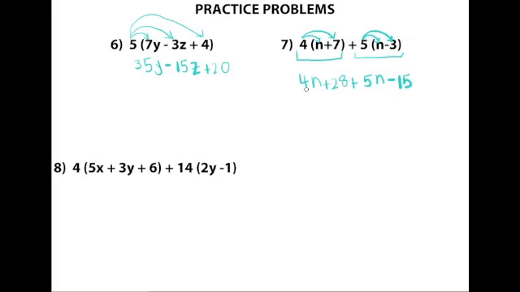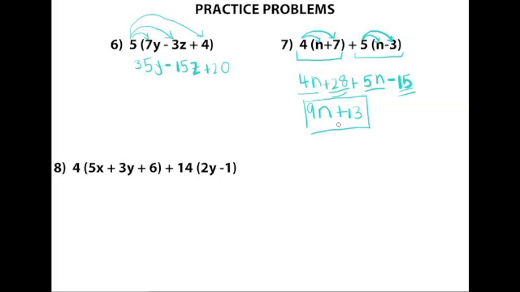Any like terms? So I have an n and an n here. I have 4 n's, I want to add 5 more, so I'm going to have 9 n's now. And I have a 28 and a negative 15. So 28 minus 15 is going to give me plus 13. And that's it.